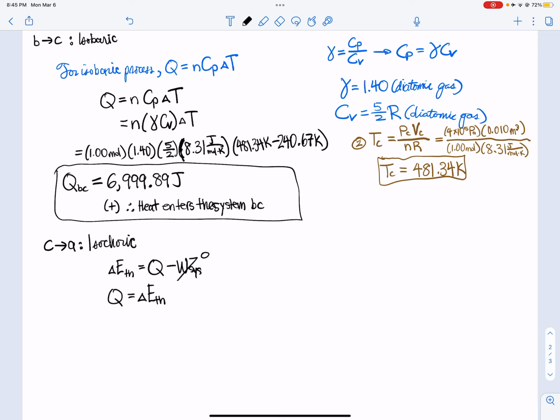And recall that for all processes, meaning isothermal, isobaric, isochoric. Oh, why did I write isothermal? I meant to write for all processes.